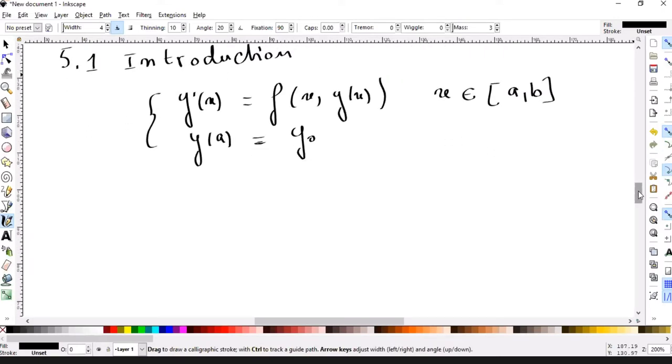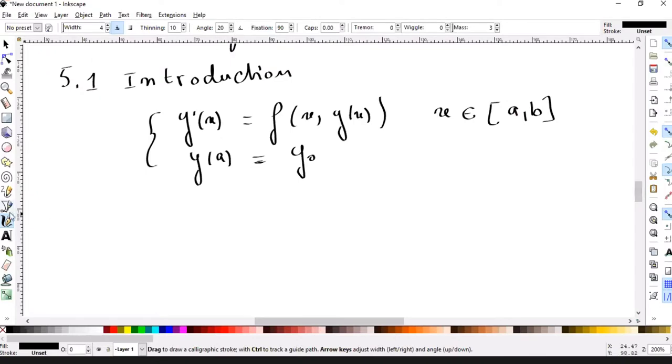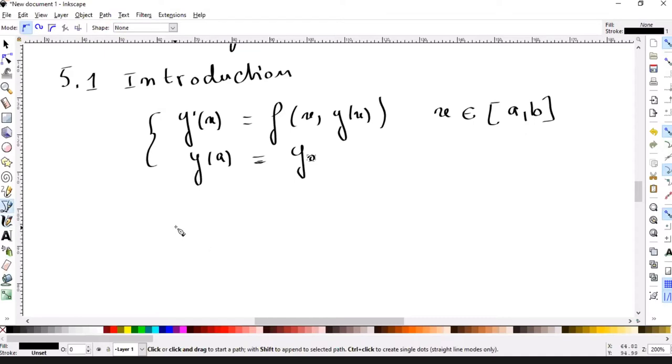So basically, in numerical solution, we will also discretize the interval x into n plus 1 points, or into n sub-intervals.